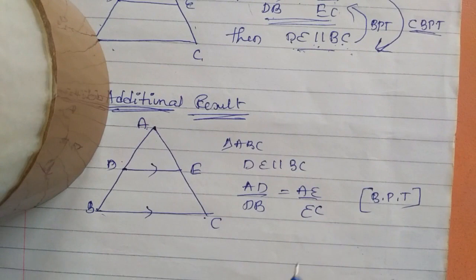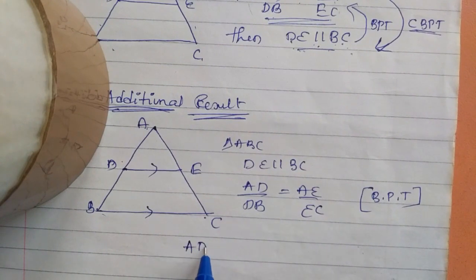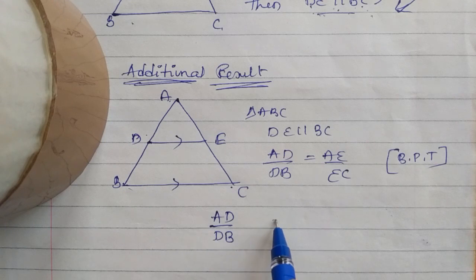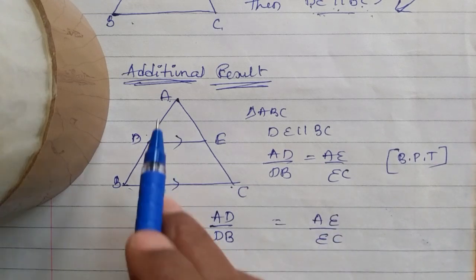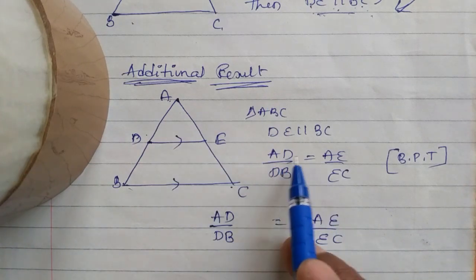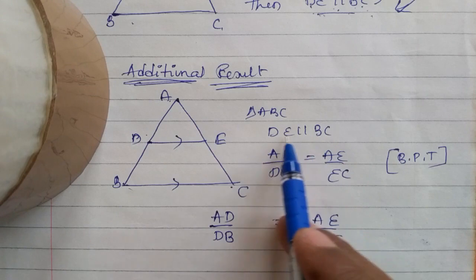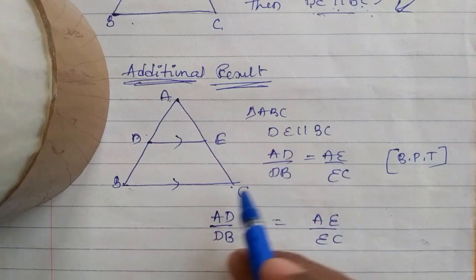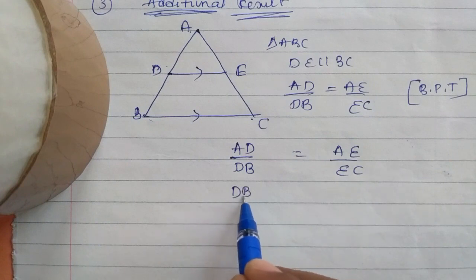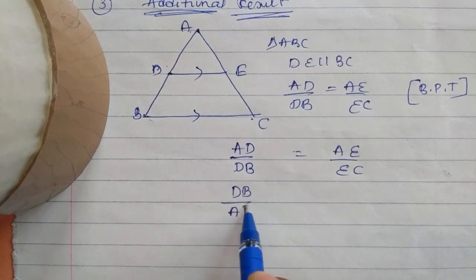For this BPT result, if we make some changes, we can obtain one more result. That is the additional result. What is that? First, the result of the BPT that we got, we take in reciprocal order. We write it in reciprocal form.